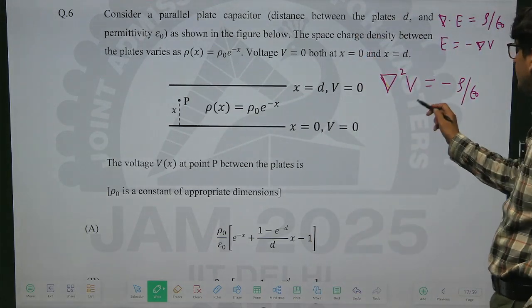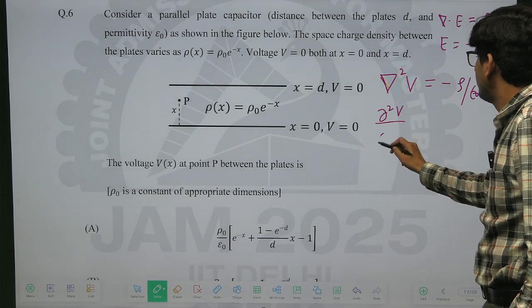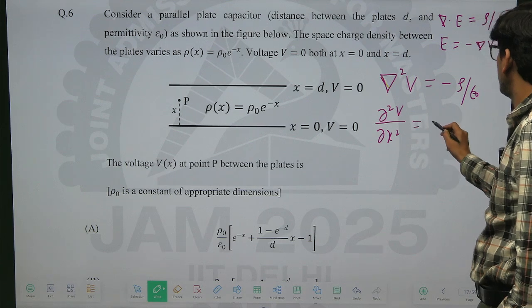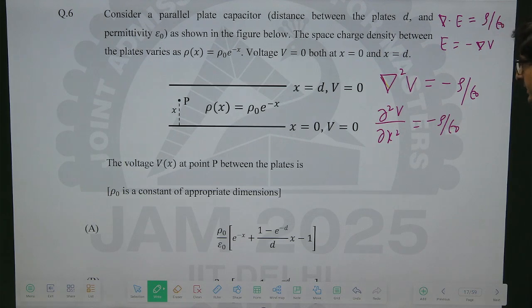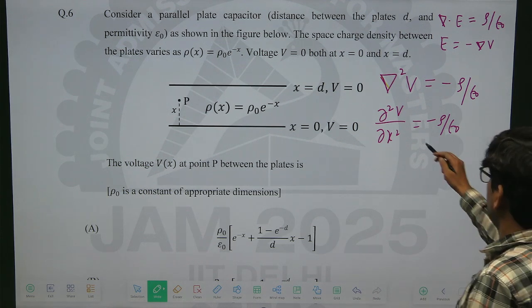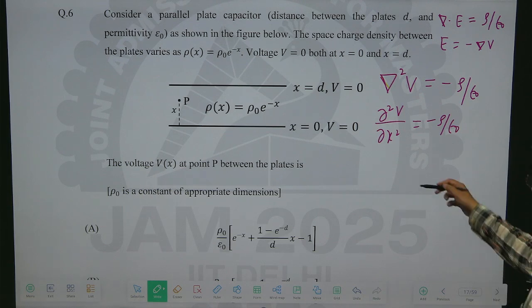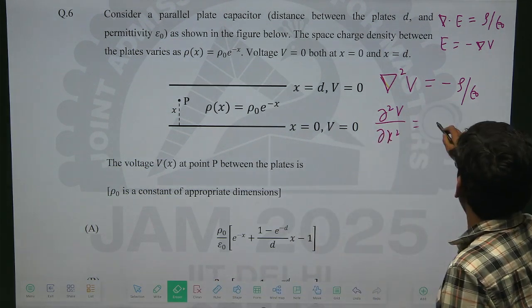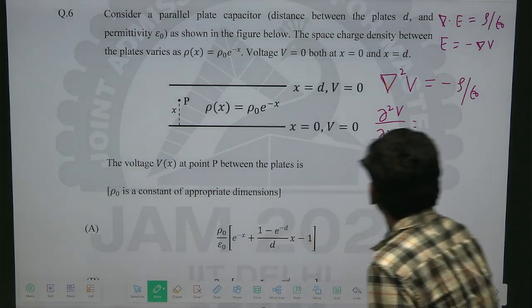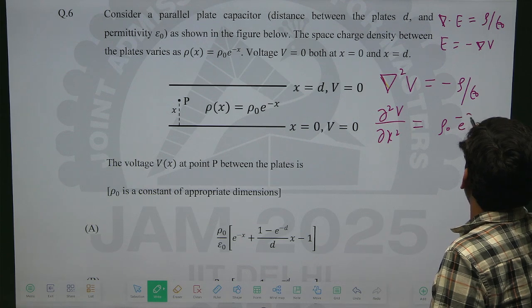Now this Poisson equation in one dimension will take the form del 2V by del x2 is equal to minus rho by epsilon naught. Correct? Now we have to solve this differential equation. Just put the profile. What is rho equal to? It is rho naught e to the power minus x.